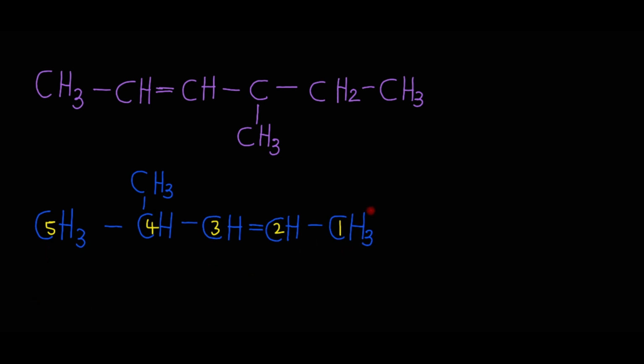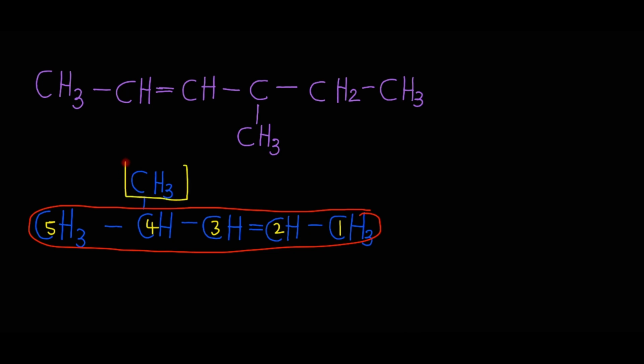So we will take this direction. And then you can see that we have a substituent at carbon 4. So now let's name. We start first with the substituent. Our substituent is methyl, at carbon 4. So we say 4-methyl.